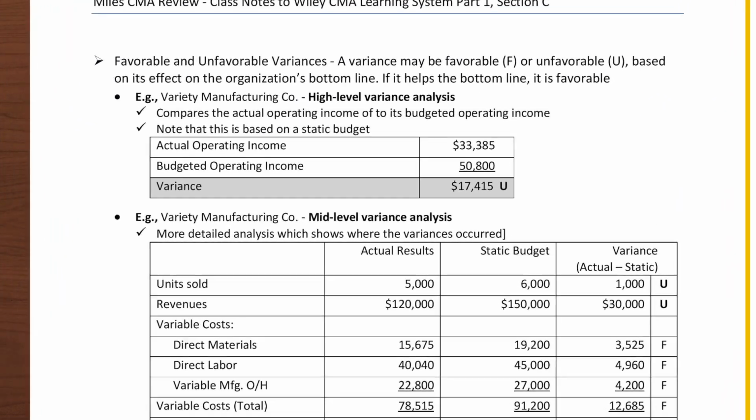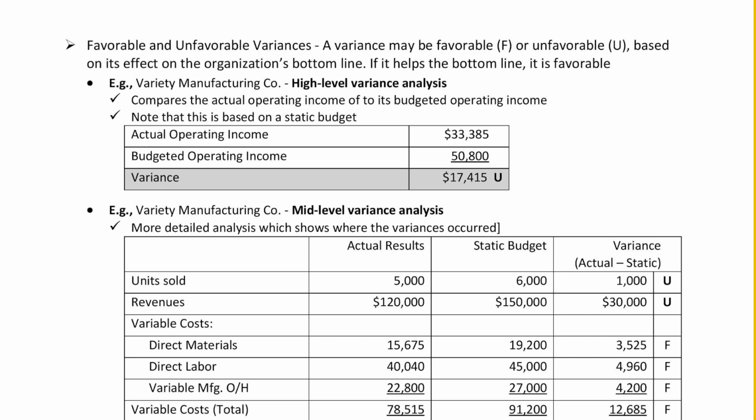Here we're looking at the static budget variance of Variety Manufacturing Company. Doing a high-level variance analysis, we're going to compare the actual operating income to its budgeted operating income. This is based on the static budget.